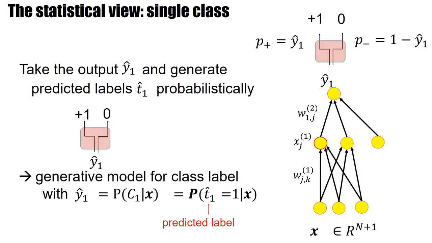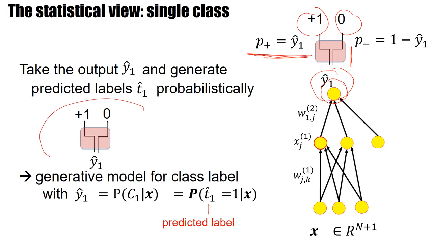So what we have to do to achieve this is to say, well, actually this is a continuous output, but for a generative model we have actually to add a probabilistic module at the end that generates labels, predicted labels, +1 or 0, and the +1 is generated with this probability, which is just the output value y hat.